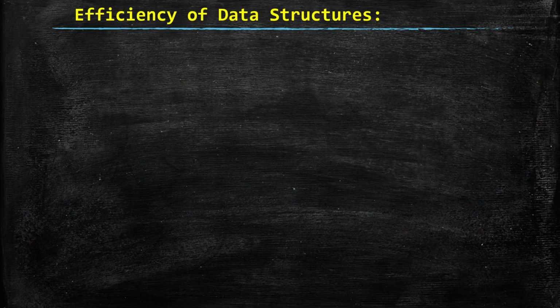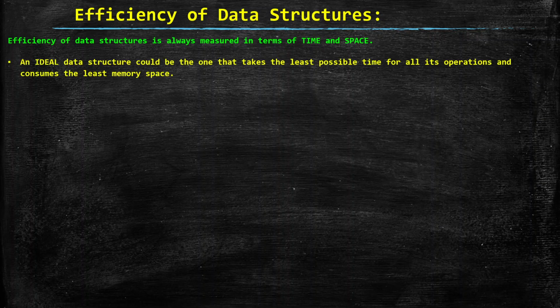So let's talk about the efficiency of data structures. What could be the efficiency of data structures? Generally it is measured in time and space, time complexity as well as space complexity. Nowadays we don't focus on space complexity because advanced hardware is provided by manufacturing companies, so there is no problem in hardware. I will talk about all this in the types of analysis in the next slides.